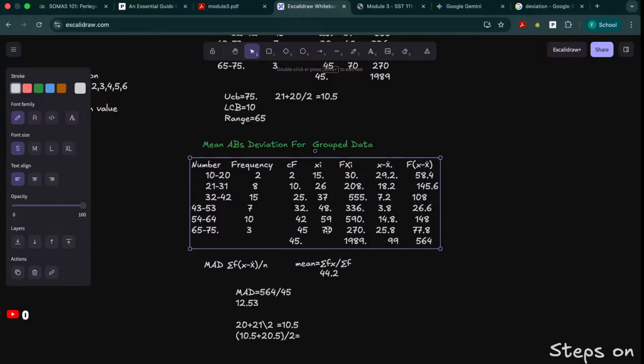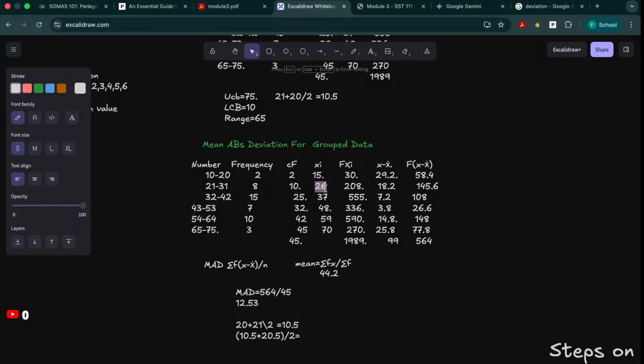So let's assume all this data is correct. So that is our midpoint.